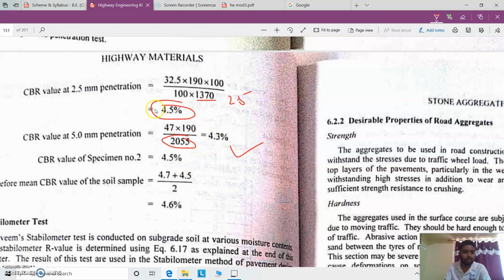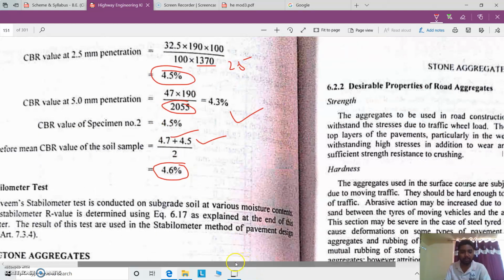So the CBR value of this specimen is 4.5%, and the average of both specimens is considered: 4.7 for specimen 1 and 4.5 for specimen 2. Both are considered, and 4.6 is the average CBR value, right?